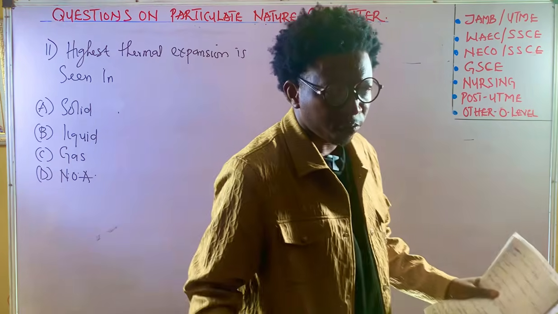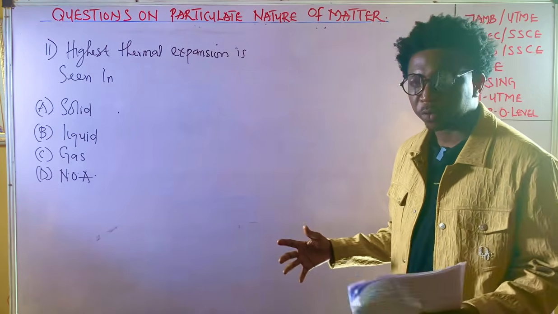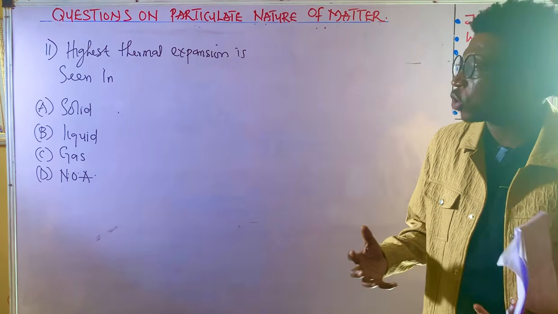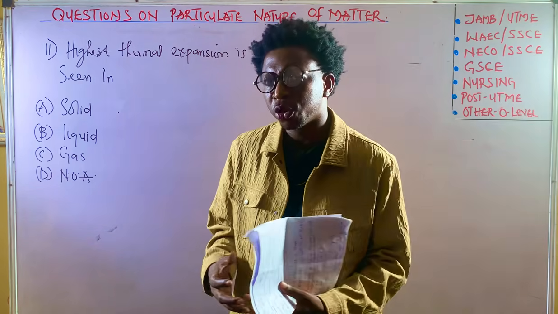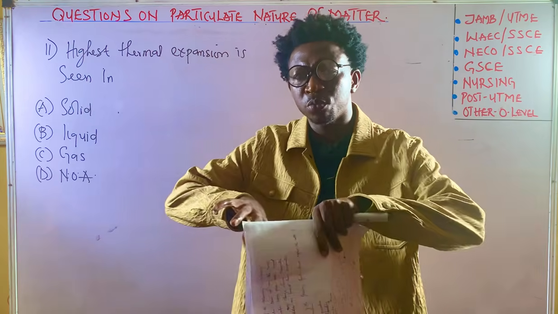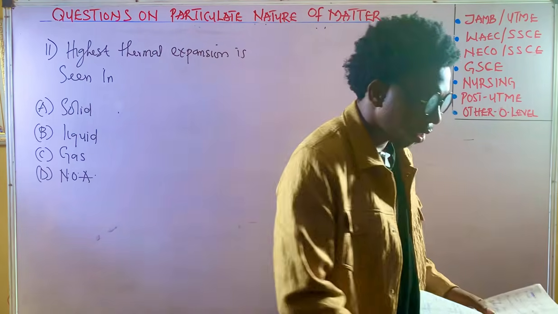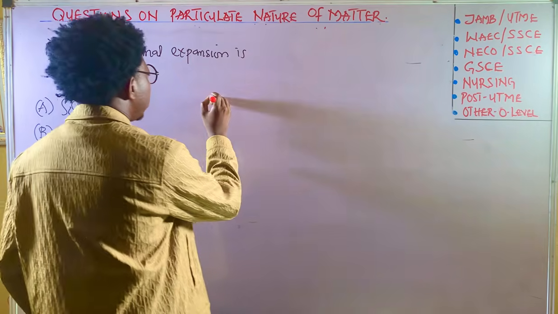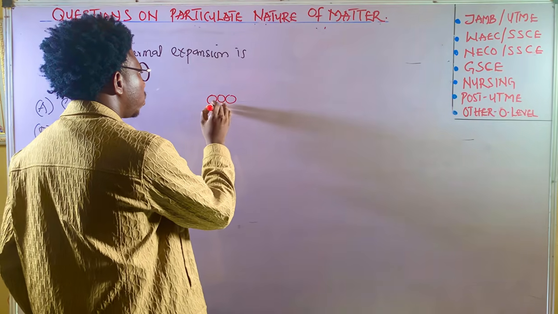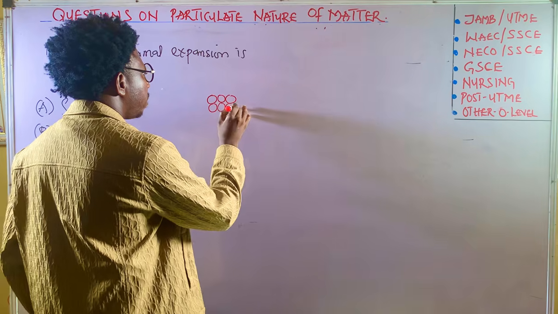Now, first of all, what is thermal expansion? Thermal expansion has to do with the expansion due to heat. Application of heat causes expansion. Expansion is actually where the particles start to move away from each other. Now, if I have the three states of matter, this is solid. For solid, the particles are closely packed.